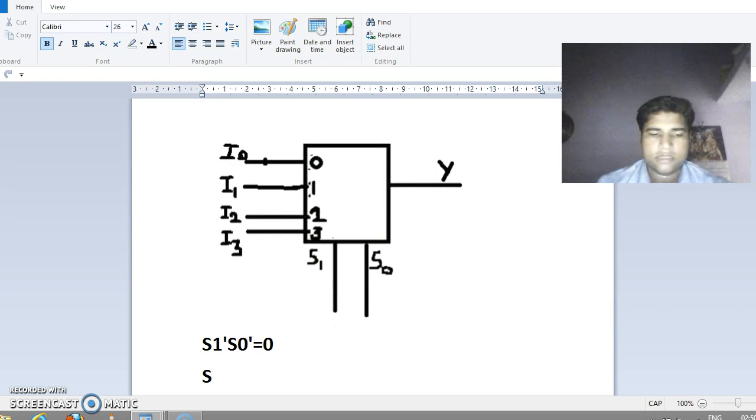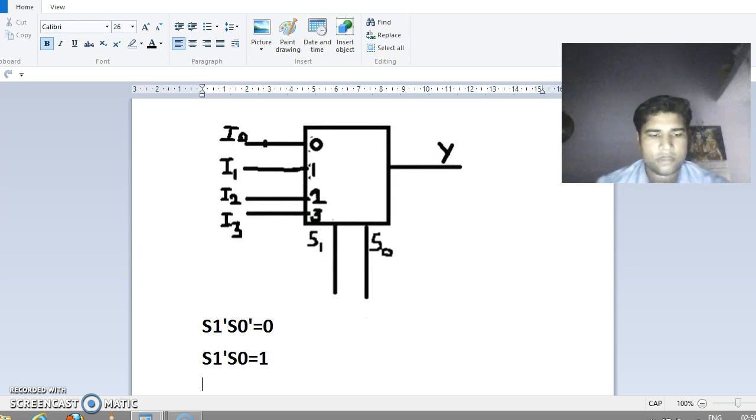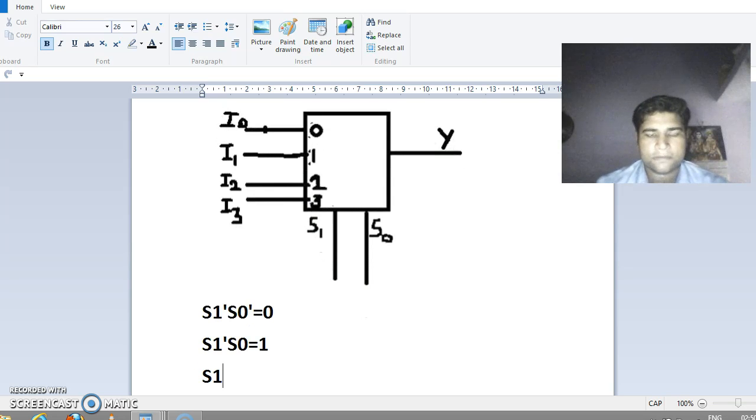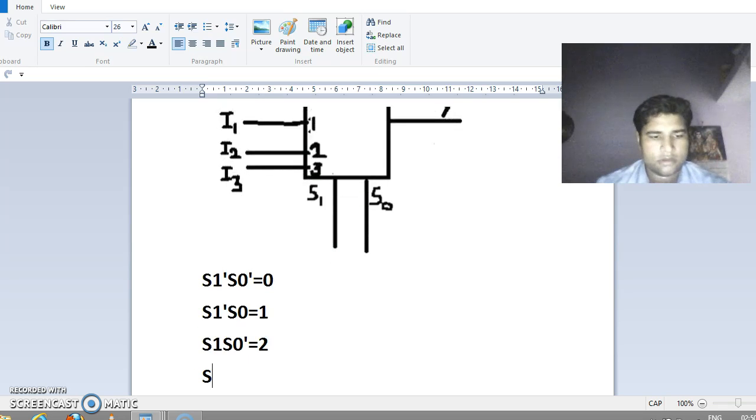Simply S1 dash S0 equal to 1. Now S1 S0 dash equal to 2. Now S1 and S0 equal to 3.